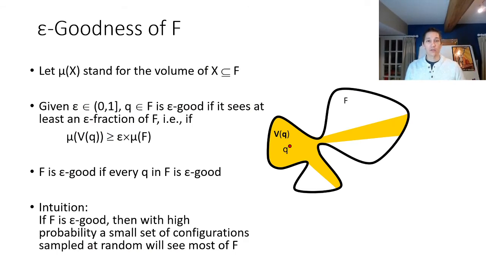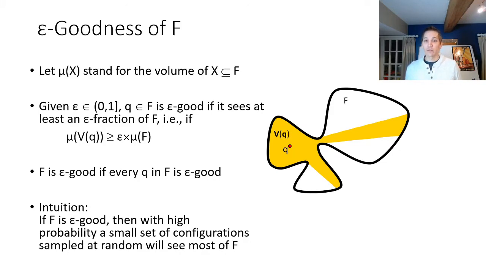There's going to be some notion that we can define about the free space called epsilon goodness. So if we were to have a volume measure on our space, then we're going to call that mu. Then a space is known as epsilon good if all of its points can see an epsilon fraction of the free space.